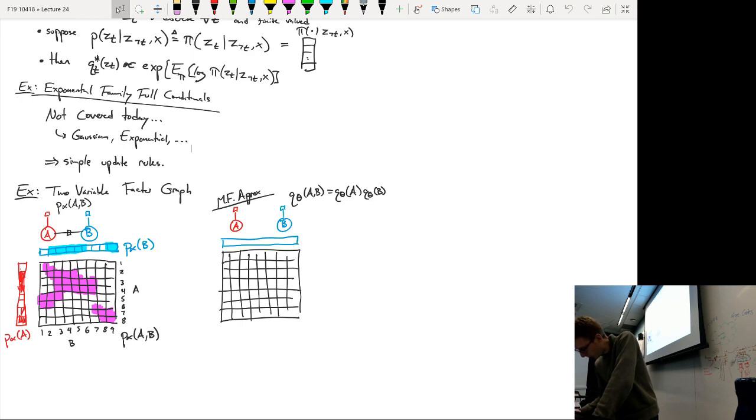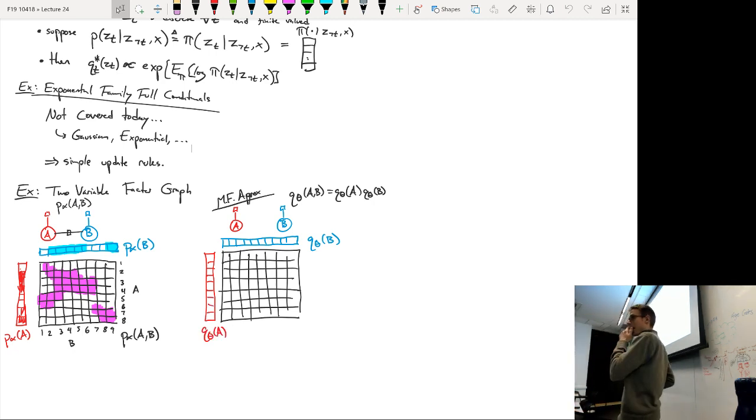The way that we do that is by taking Q theta of B and Q theta of A and multiplying them together to get an outer product.